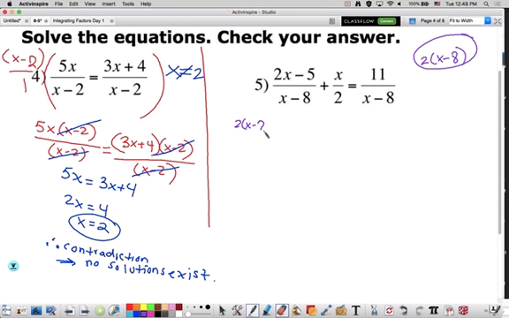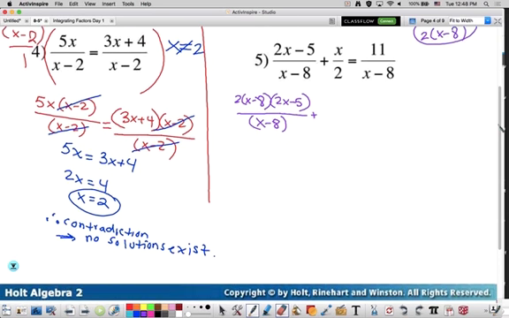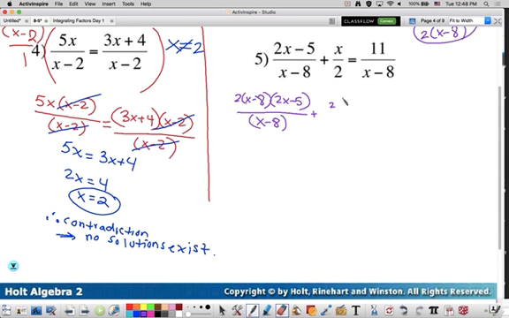2 times x minus 8 multiplied by this, 2x minus 5 over x minus 8, plus 2 times x minus 8 times this term x over 2, equal to 11 times 2 times x minus 8 all over x minus 8.